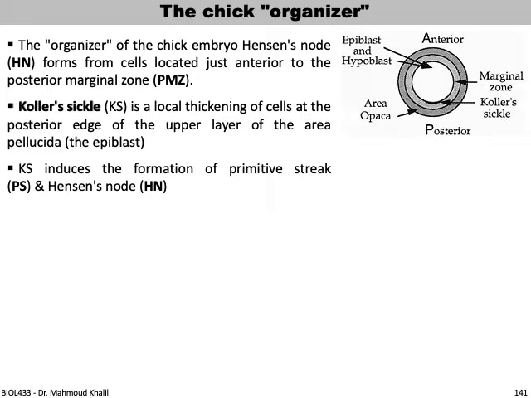So the organizer of the chick embryo, Hensen's node, forms from cells located just anterior to the posterior marginal zone. This KS is a local thickening of cells at the posterior edge of the upper layer of the area pellucida, the epiblast. It induces the formation of the primitive streak, PS, and Hensen's node.